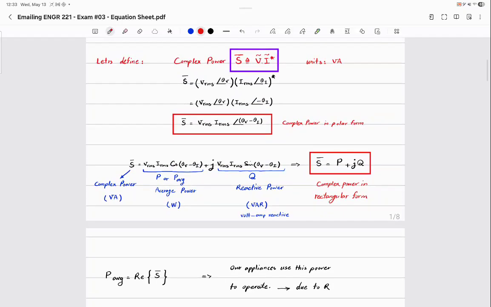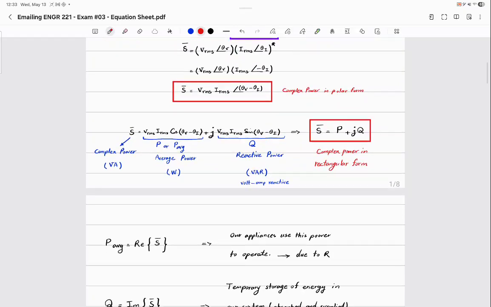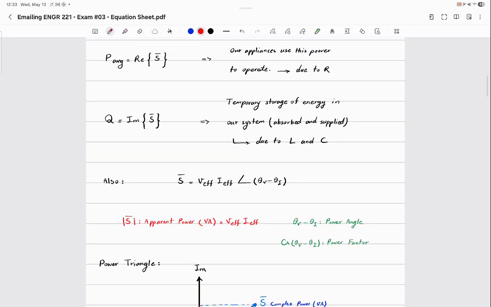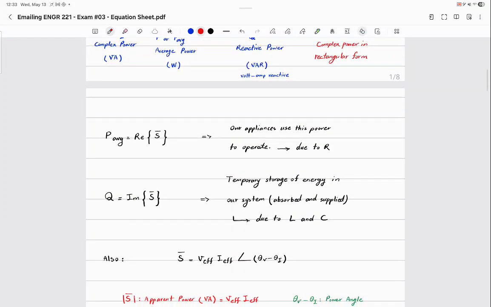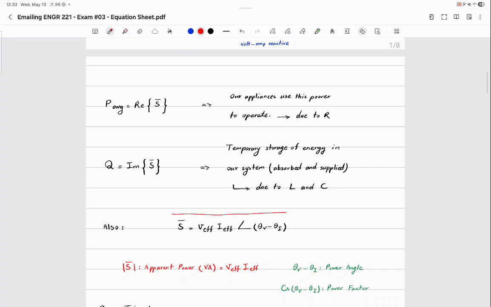Now, let's bring this equation, the complex power in polar form, again here. This is complex power in polar form, right? And you know that V effective is the same as VRMS.